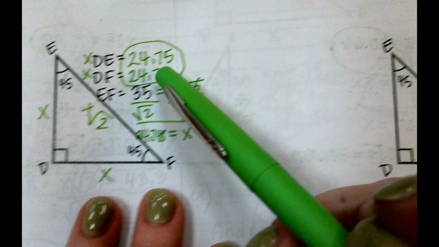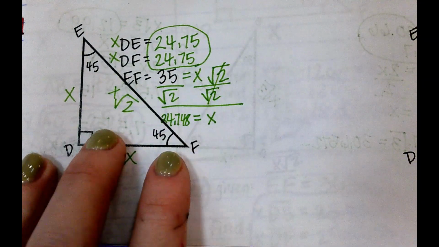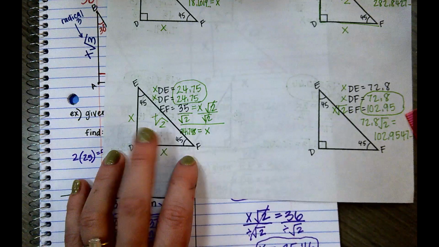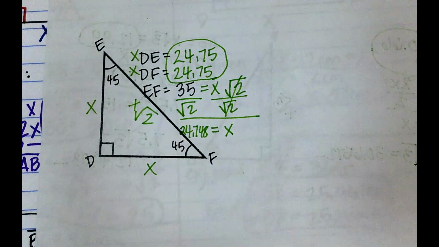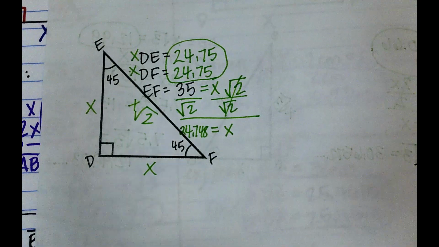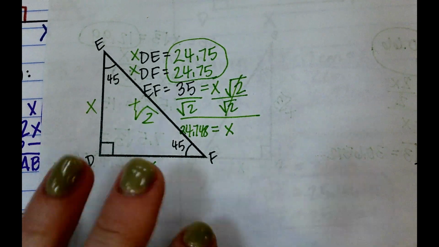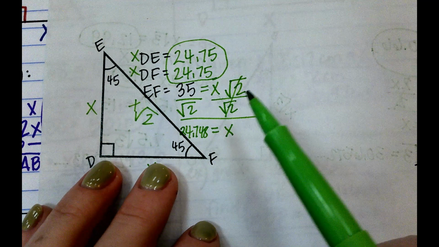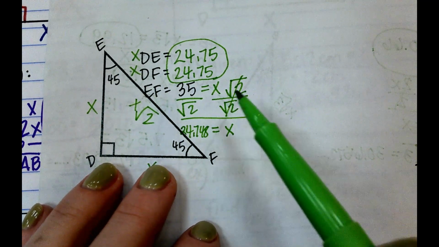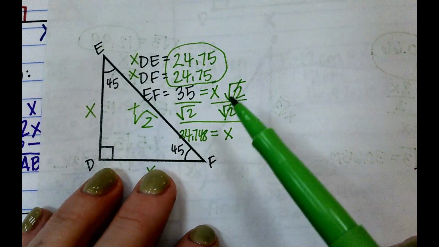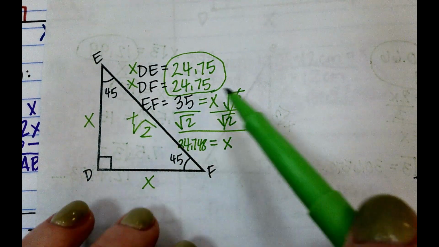Which one is it? The bottom left where we were given EF is 35. I got 49.5 or something. I did X radical 2 equals 35, and that's what you're supposed to do. And then I divided. Sometimes I see people accidentally multiply by radical 3 too. Yeah, try typing it in again.